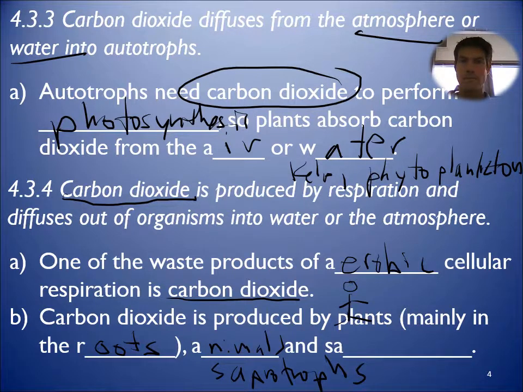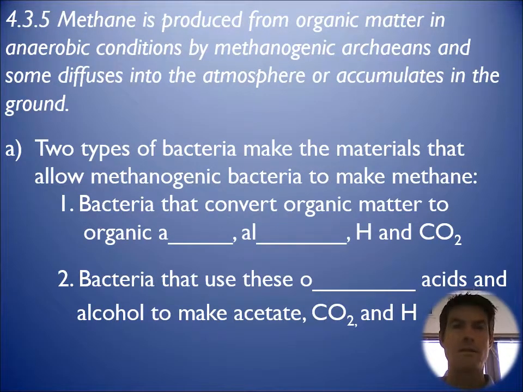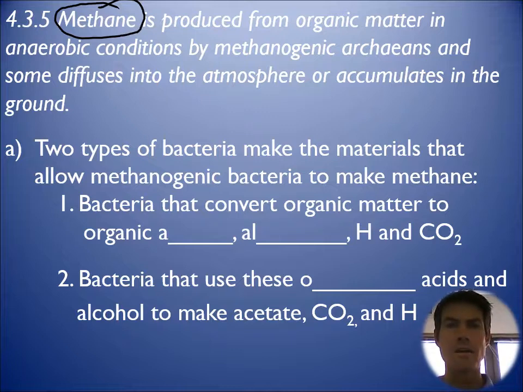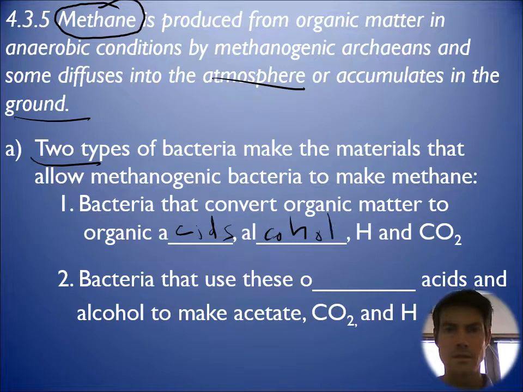All right. And methane. Methane is something we think of in the flatulence of organisms, including animals, including humans, and that accumulates in the atmosphere or in the ground. So, two types of bacteria. Some make organic acids or alcohols, hydrogen and carbon dioxide.